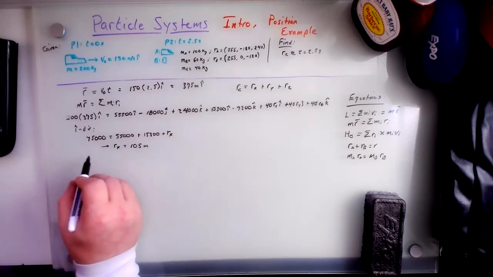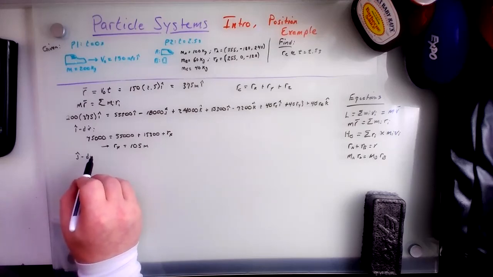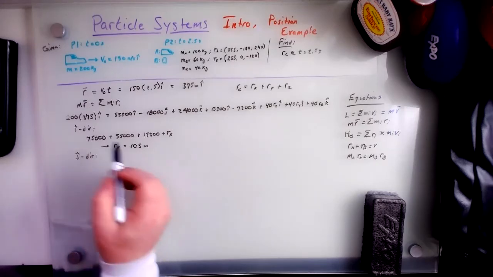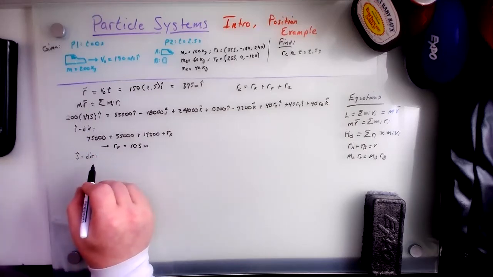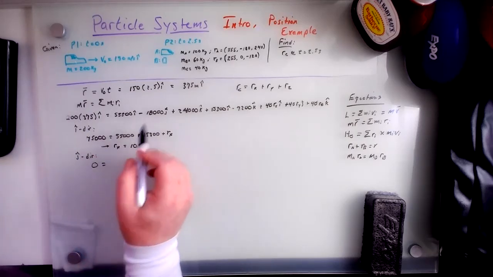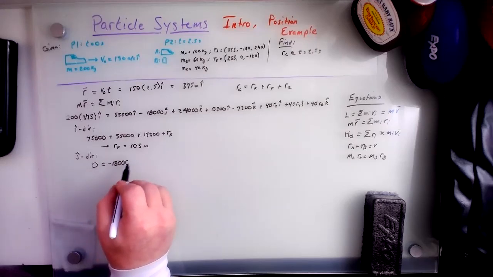Similarly, in the J direction, we have no R in that direction, so 0 equals minus 18,000.